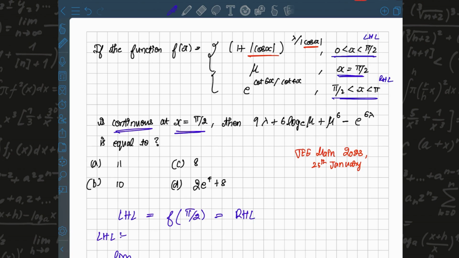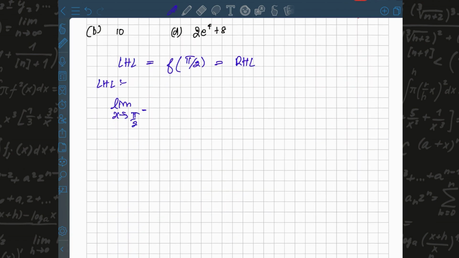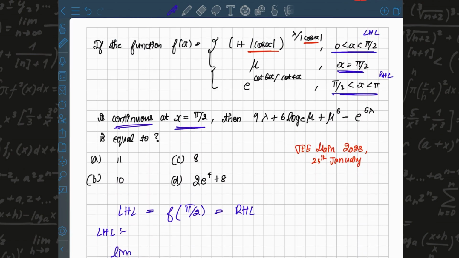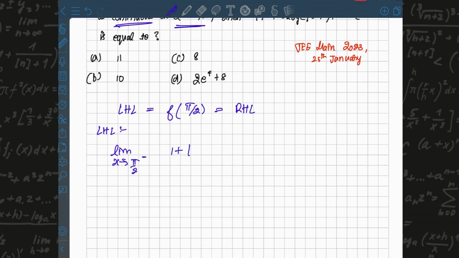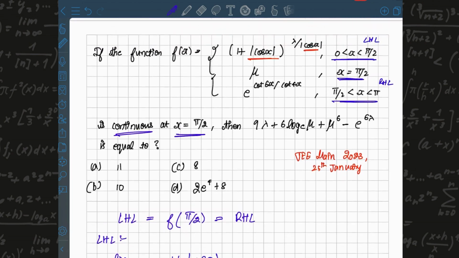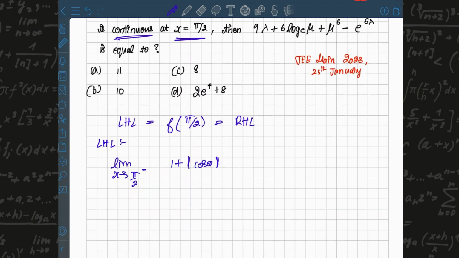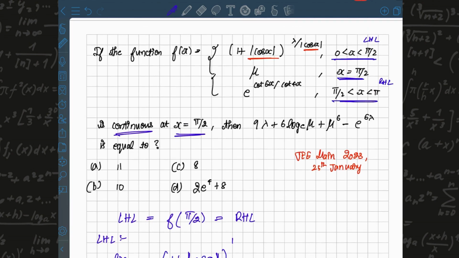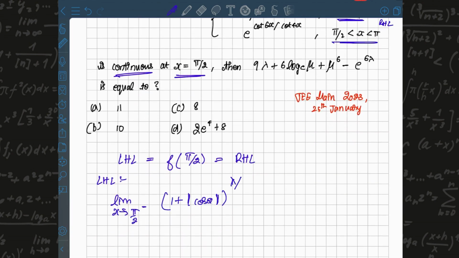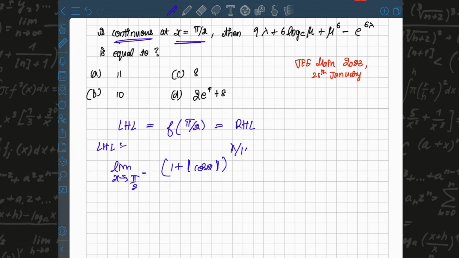So here we have to take this function. What is it? 1 plus mod of cos x, whole power, not 1, it's lambda, divided by mod of cos x. This one looks kind of complex, but I have a formula to solve this.